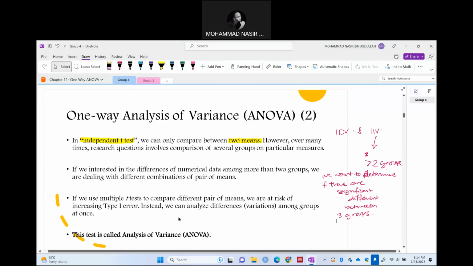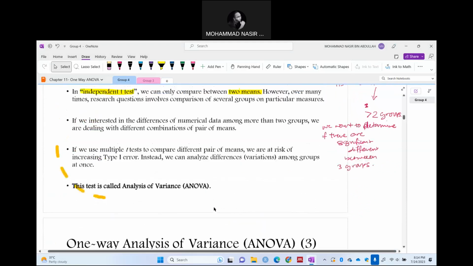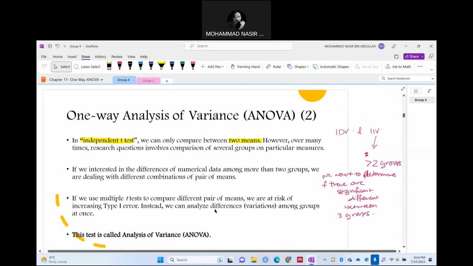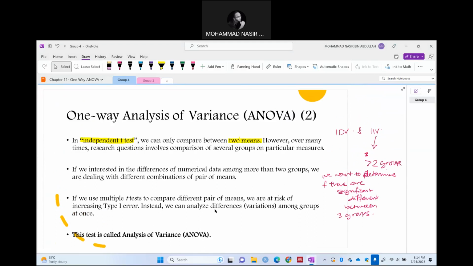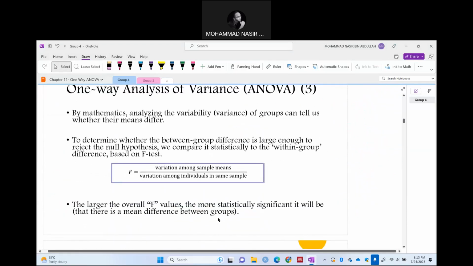The test is called analysis of variance, or what we call ANOVA. So again, the purpose is to determine the significance of the difference among more than two groups: group 1, group 2, group 3, or group 4. So we are going to use ANOVA.